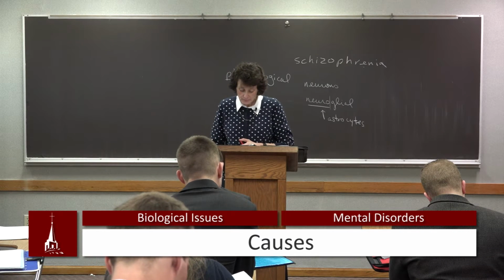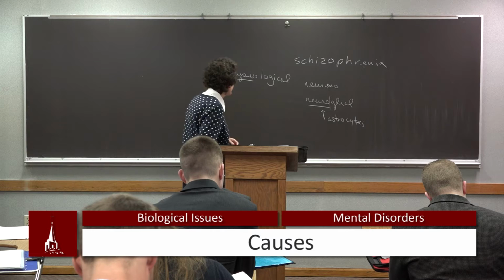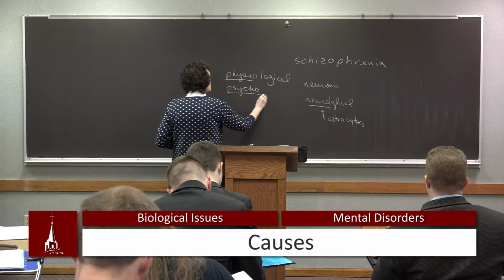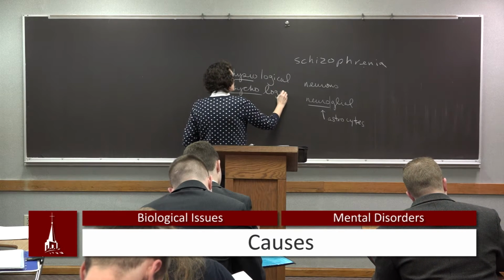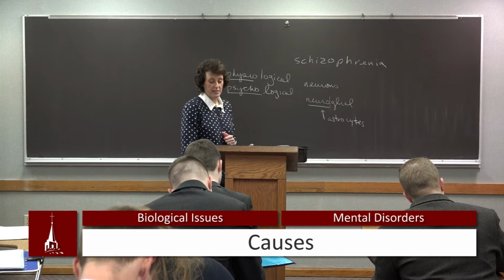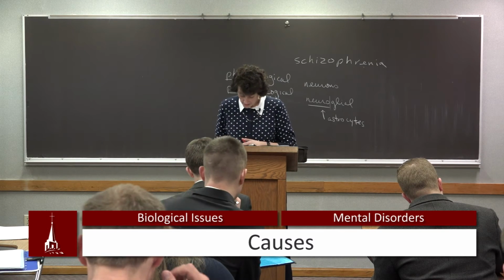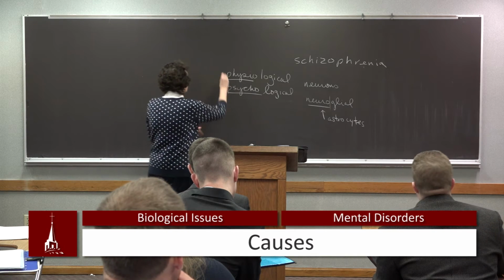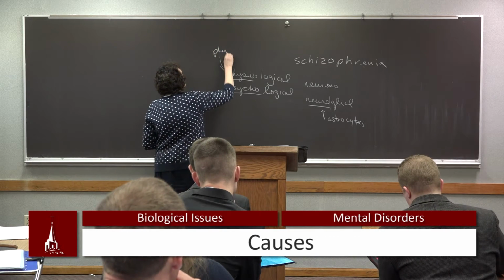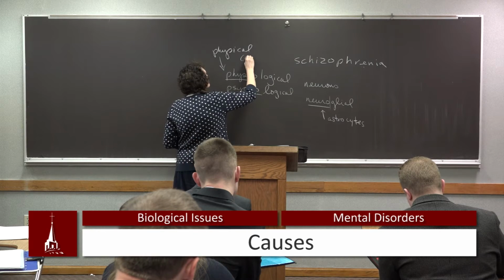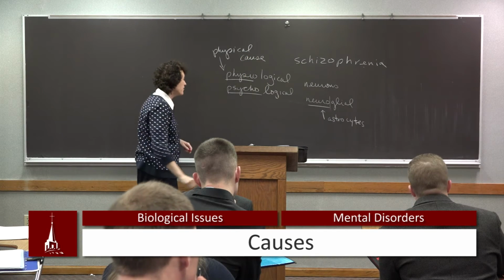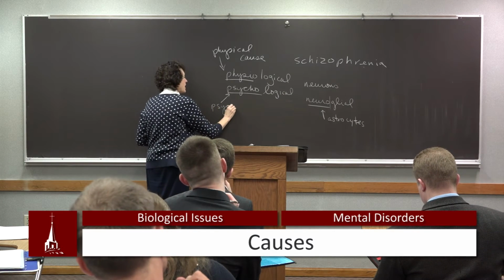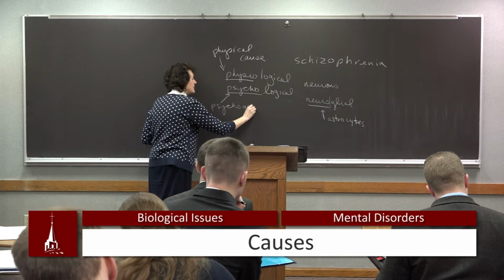Okay? Then we have psychological, different prefix. And this is where we're talking about our mental disorders. Psychological also has the idea of, rather than having a physical cause involving the brain itself, what's called, same prefix, psychogenic.